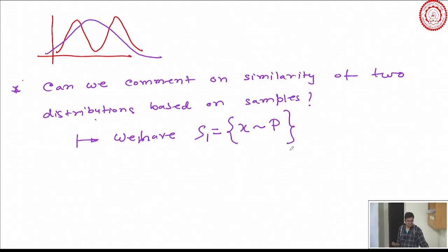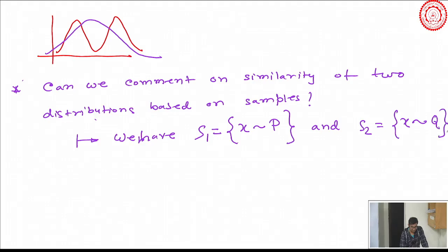So S1 is the first set, a set of samples where all the samples are sampled from some PDF P, and similarly, S2 where we also have samples X, I can write X hat also, that's okay, from Q. So I have a set S1 with, let's say, n samples, and those samples are from some PDF P. Similarly, I have a set S2 where also I have samples, and those samples are from another distribution Q. I do not know P, I do not know Q. All I know is these two sets S1 and S2.